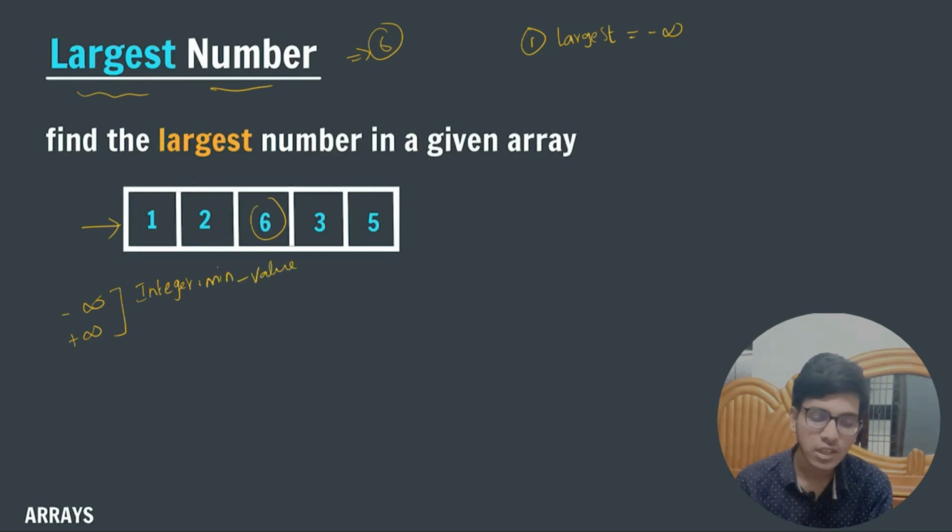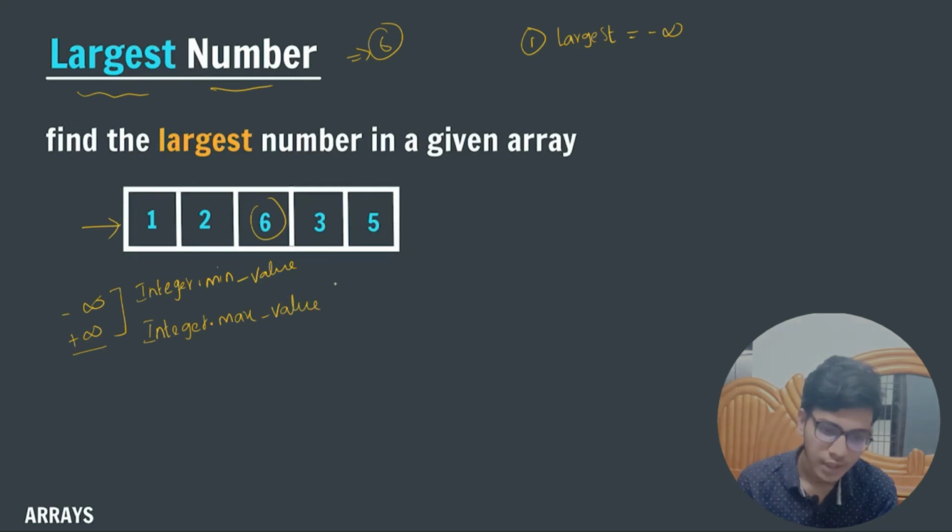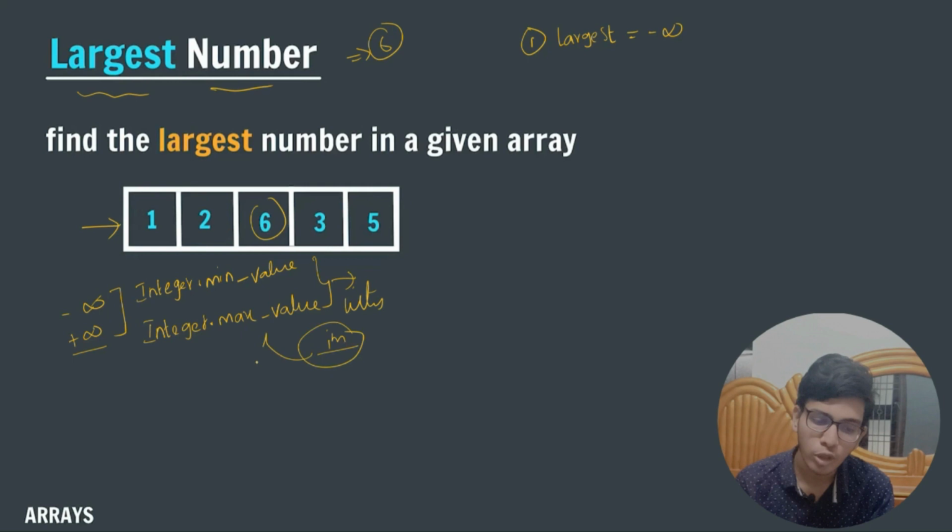And the highest value that is possible in integer is represented by +infinity, and for that we will write Integer.MAX_VALUE, right? These can be accessed through the utility package. We imported it, right, import java.util. By using that, we can use these.